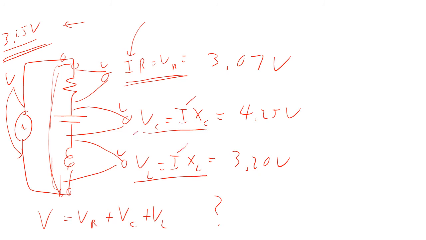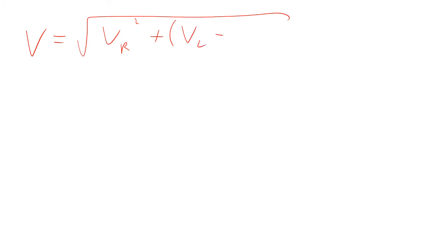So these voltages are not at the same time as that voltage, which means you cannot just add them, because they're out of phase in time. Because they're perpendicular, you say that the voltage is going to be the square root of VR squared plus VL minus VC, all squared. Remember, they're in opposite directions, so you take the difference there.